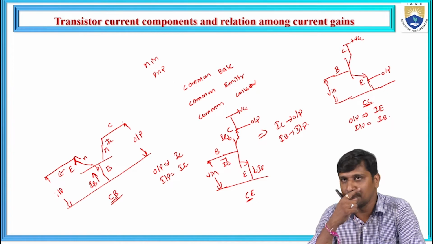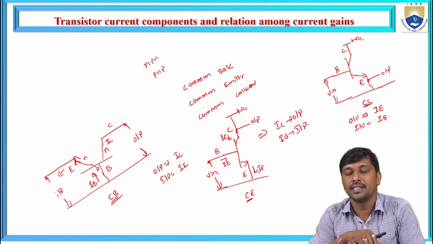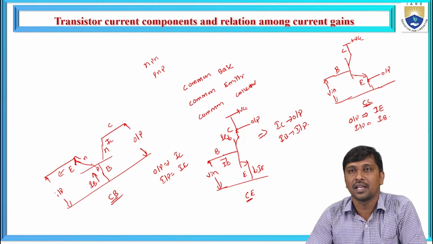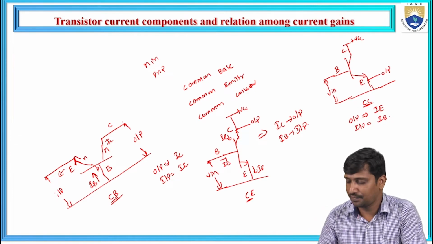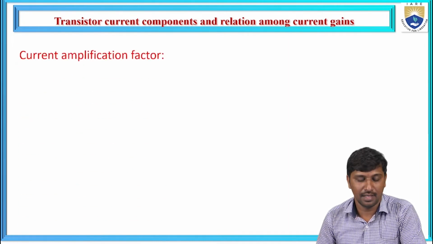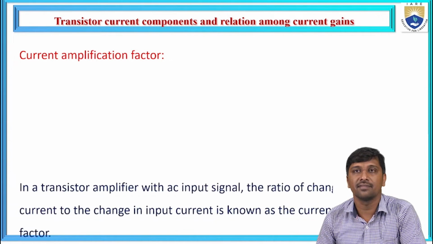In general, the current gain or DC current gain is defined as the ratio of output current to the input current. It is also called the current amplification factor.